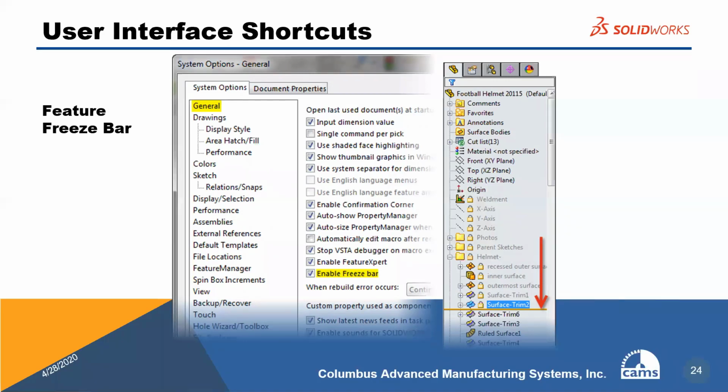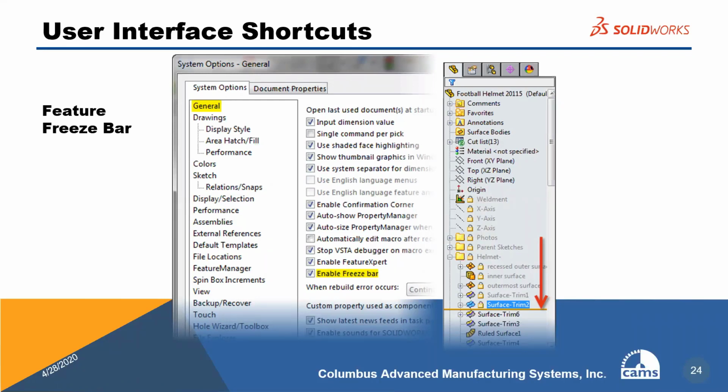Let's say you've got a design of a model that when you do a complete rebuild, okay, that's a Control Q, holding down the control key and striking the Q key, rebuilds the model from the origin all the way to the bottom. And if your model is particularly complex, but the first part of it has been worked out and is pretty solid, you can use something like this particular tool right here, the enable, that you can turn on the freeze bar.